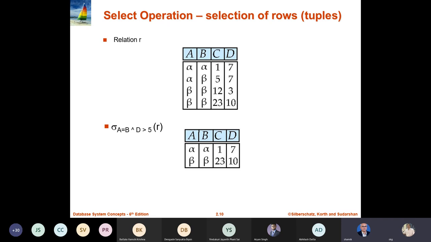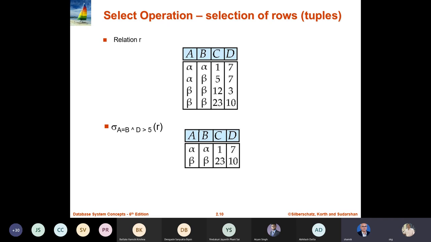In this case, we have select A equal to B or D greater than 5. This is my condition. My relation R has the schema A, B, C, D, and I have data sets, which are the different instances or tuples. If I apply a select condition on relation R, it ends up in another table.